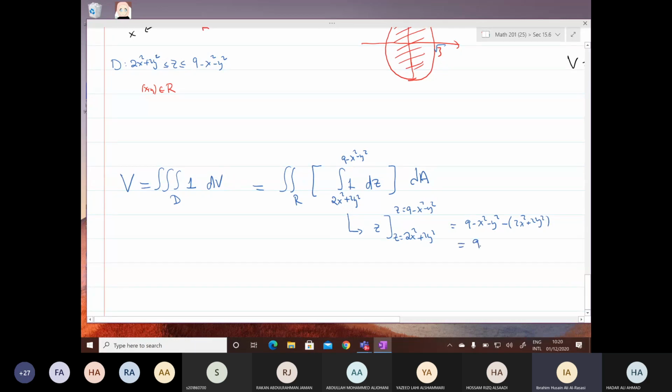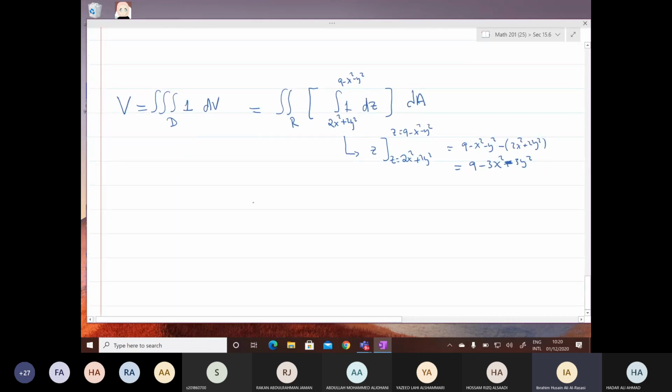So this becomes 9 minus 3x squared minus 3y squared. The value of the inner integral gives a double integral over R of 9 minus 3x squared minus 3y squared dA.